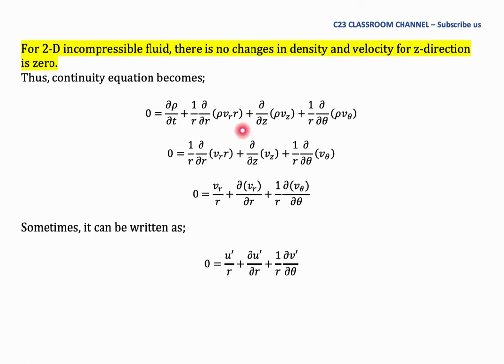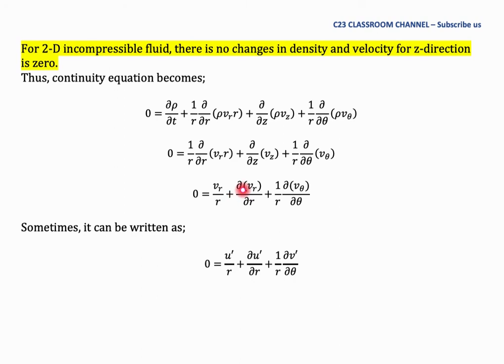Then we could neglect the value of Vz because there is no velocity of z here, so we reduce the term of Vz, and then if we expand the value here, we could find it is equal to 1 over r del r Vr over dr, and then we could simplify it into Vr over r only.